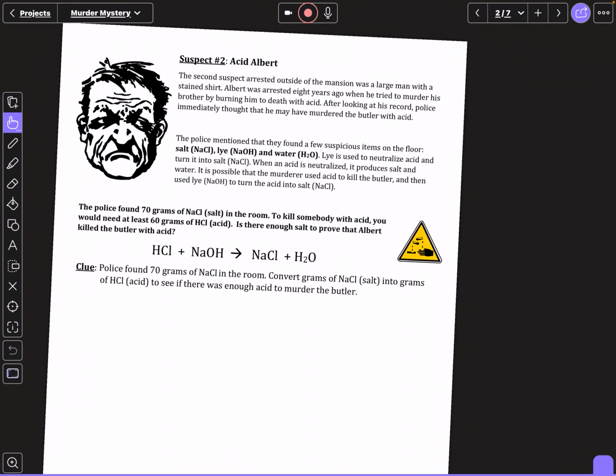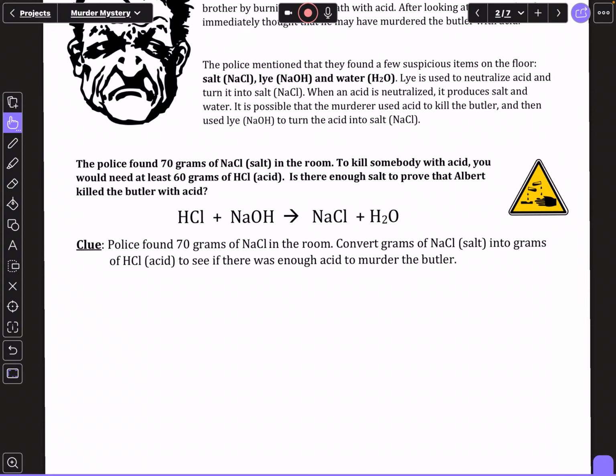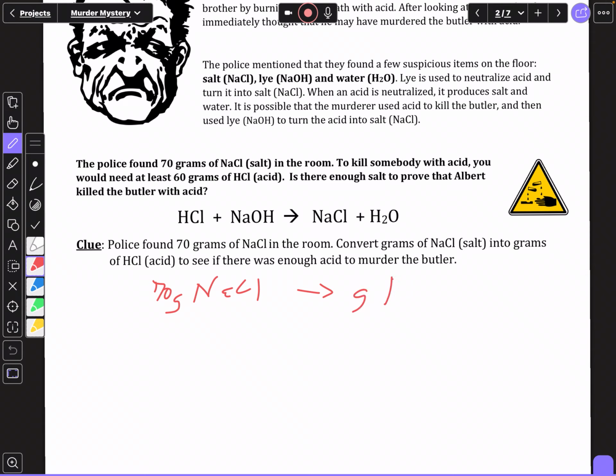And then you go to suspect 2, it gives you some information about him. Since the police found 70 grams of NaCl in the room, to kill somebody with acid, you would need at least 60 grams of HCl. Is there enough salt to prove that I would kill the butler? So it's giving you another balanced equation there. He said he's found 70 grams. In this case, you're starting off with 70 grams of NaCl, and you're going to go, with a 3-step stoichiometry problem, to grams of HCl.